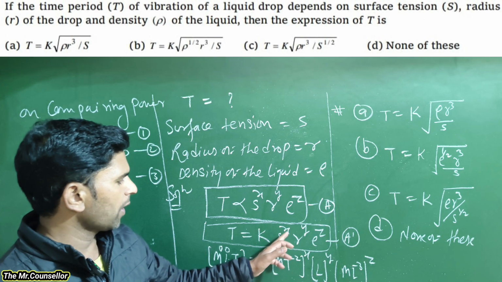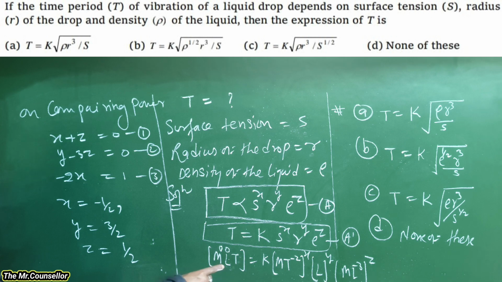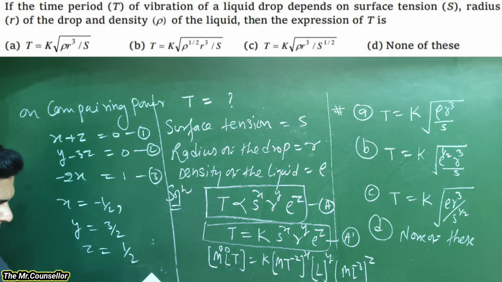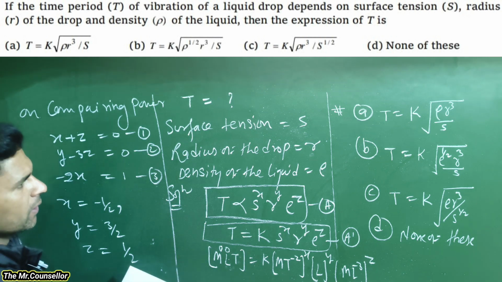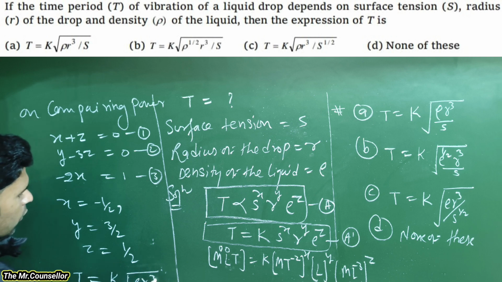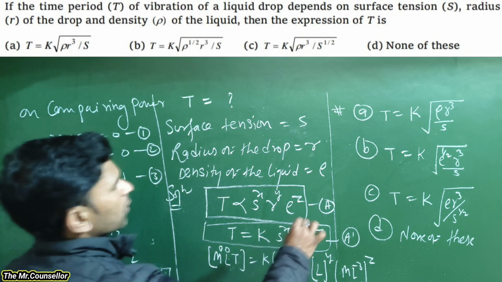Now you can place S power x. After placing the values, you will get a very good answer that is matching: T is equal to K root of rho r cube divided by S. So option A you will get.